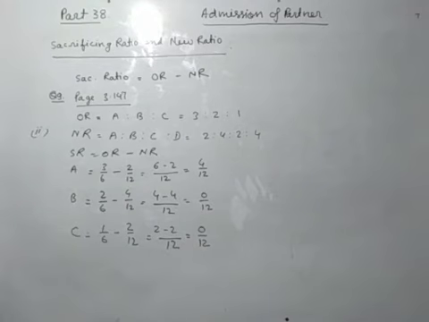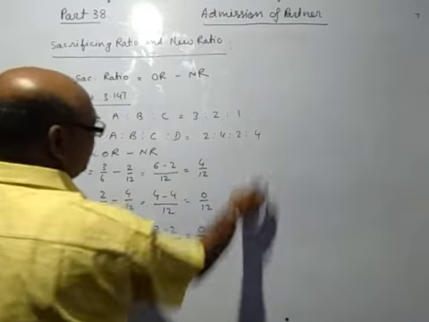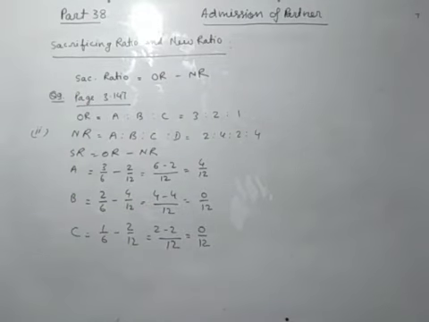So in the second case also we see that only A has made a sacrifice of 4/12, and new partner D has received this 4/12.